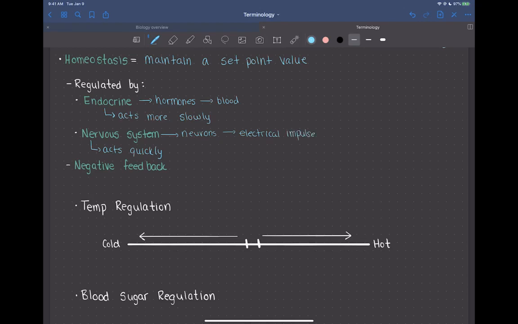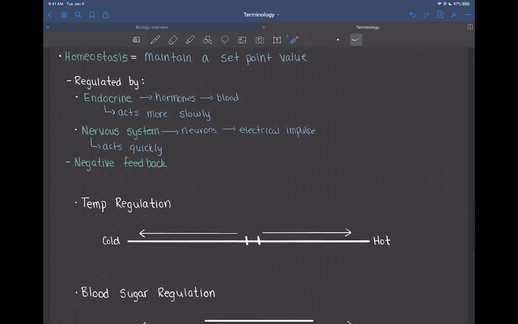Compared to a hormone which has to travel through the blood until it reaches a target, this electrical impulse can move very quickly directly to the target because you would have a neuron that is talking to whatever that target is. Okay? All right, so homeostasis is maintained through negative feedback.